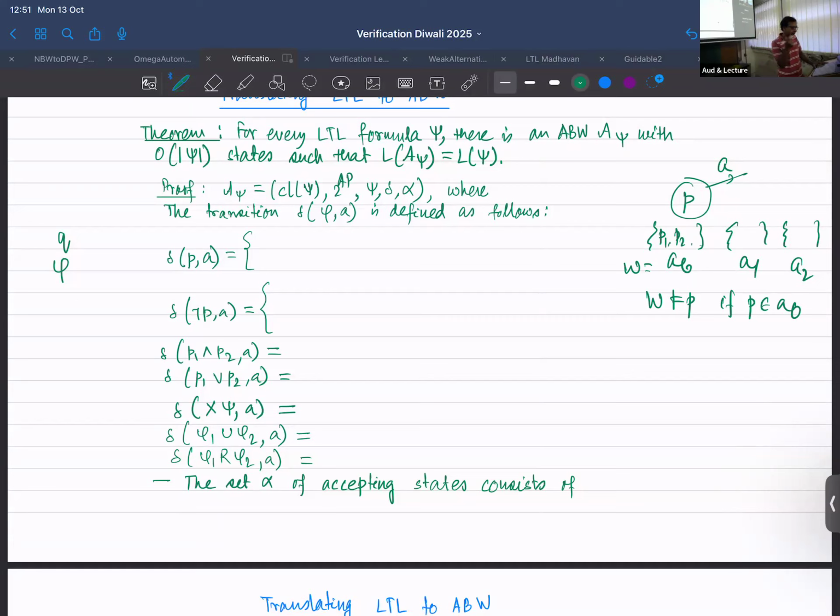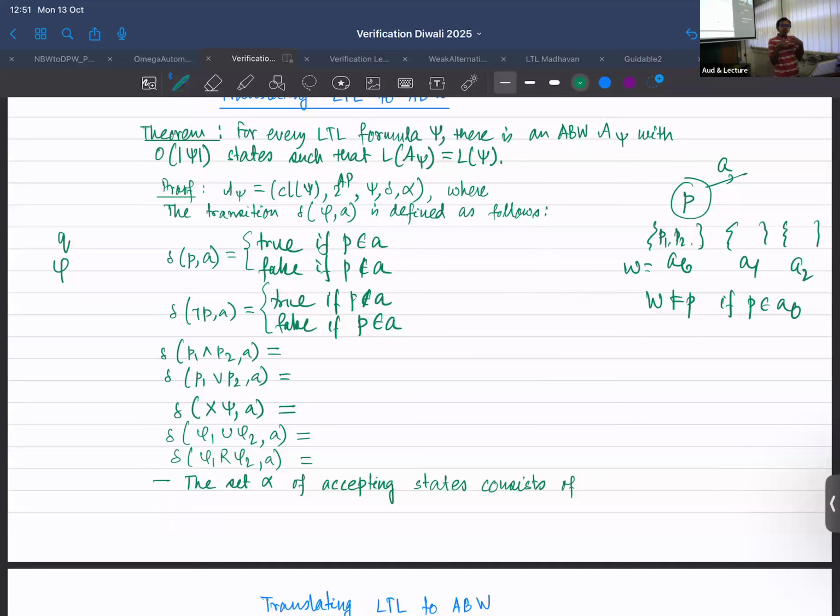True if P is in A, and false if P does not belong to A. Similarly, delta of negation of P, A is true if P is not in A, and false if P belongs to A. Clear?